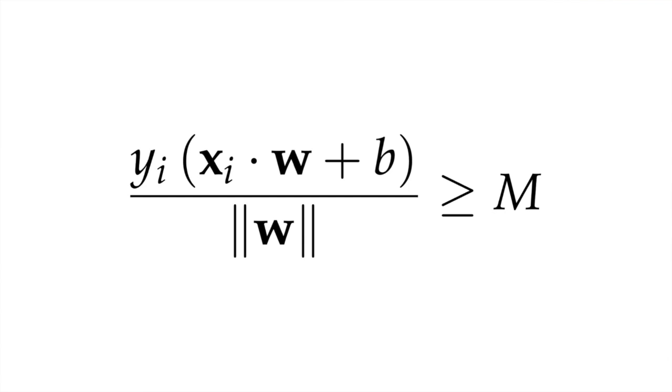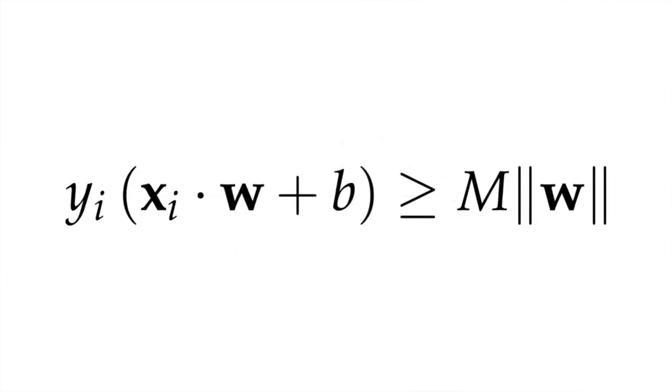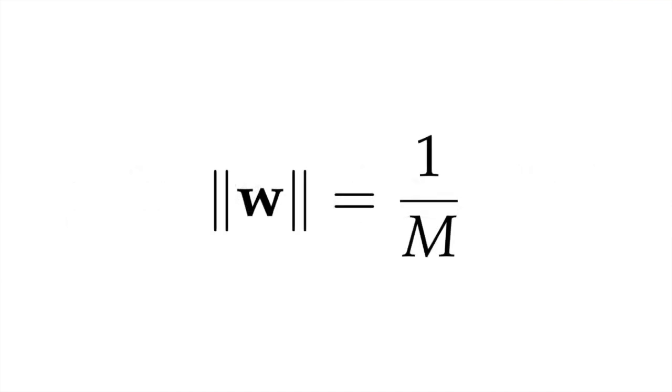We can then take this W over to the right-hand side and have the equivalent constraint like this. So this constraint has to hold for any magnitude of W. We can arbitrarily choose to enforce that W has this magnitude. That is to say, it is exactly the reciprocal of whatever the margin is. This also incidentally scales B, but we don't need to care about that. It'll all come out in the wash.